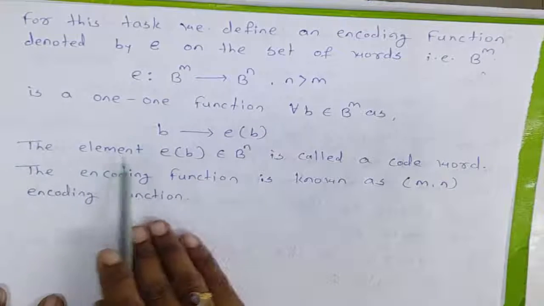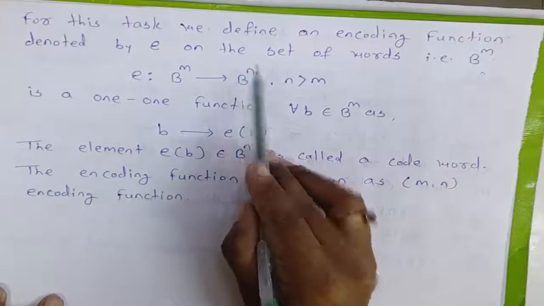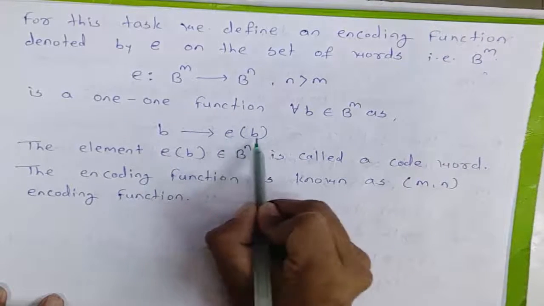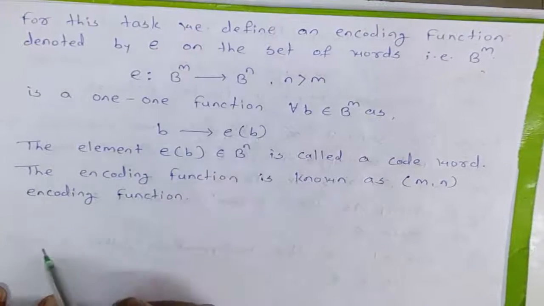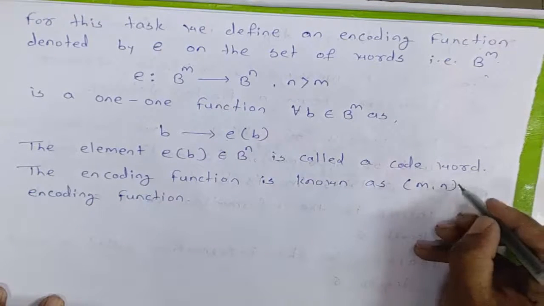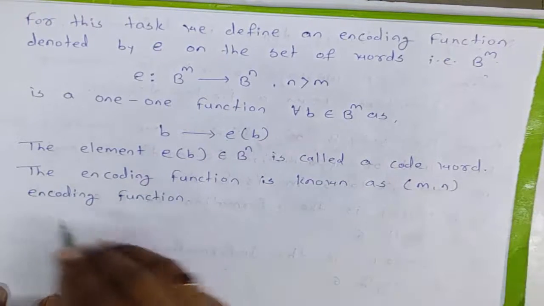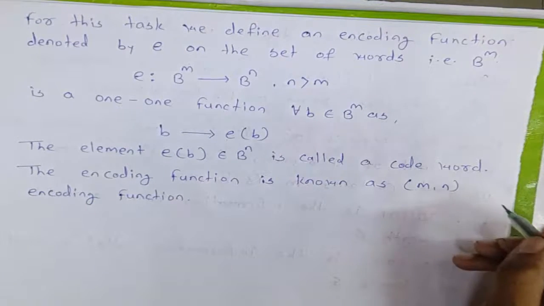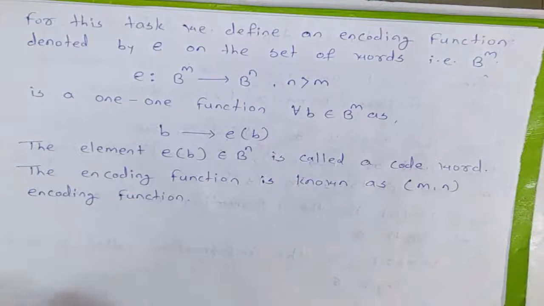The element E of b belongs to B raised to n and is called the code word. The encoding function is known as an ordered pair (m, n) encoding function.